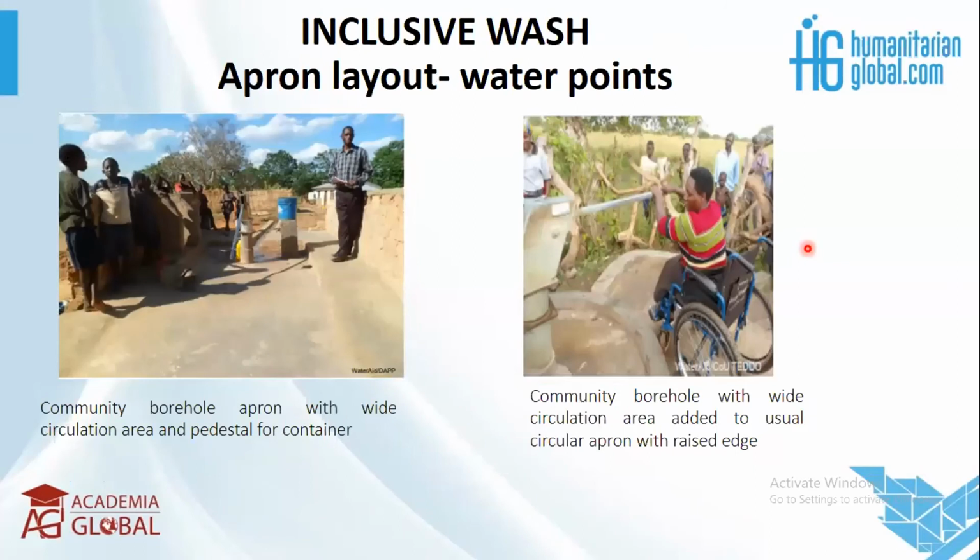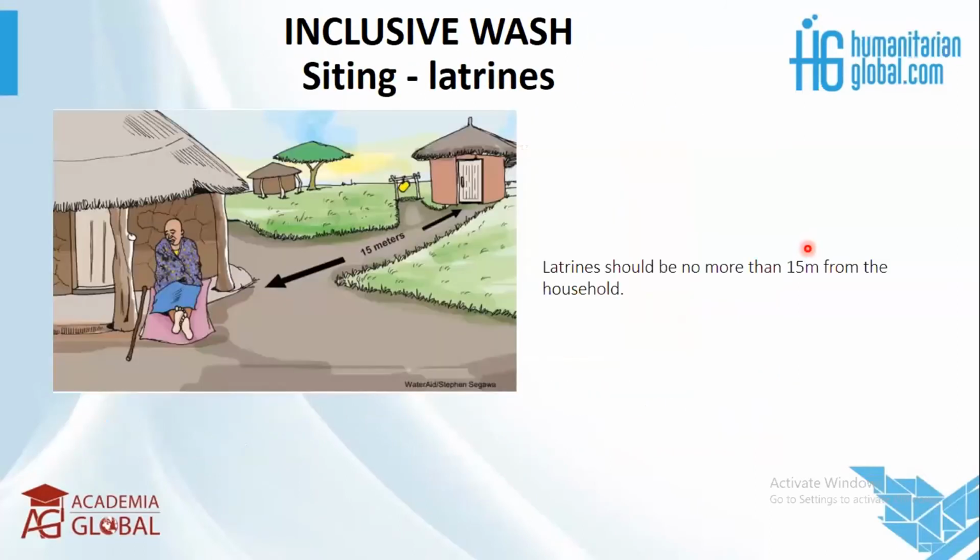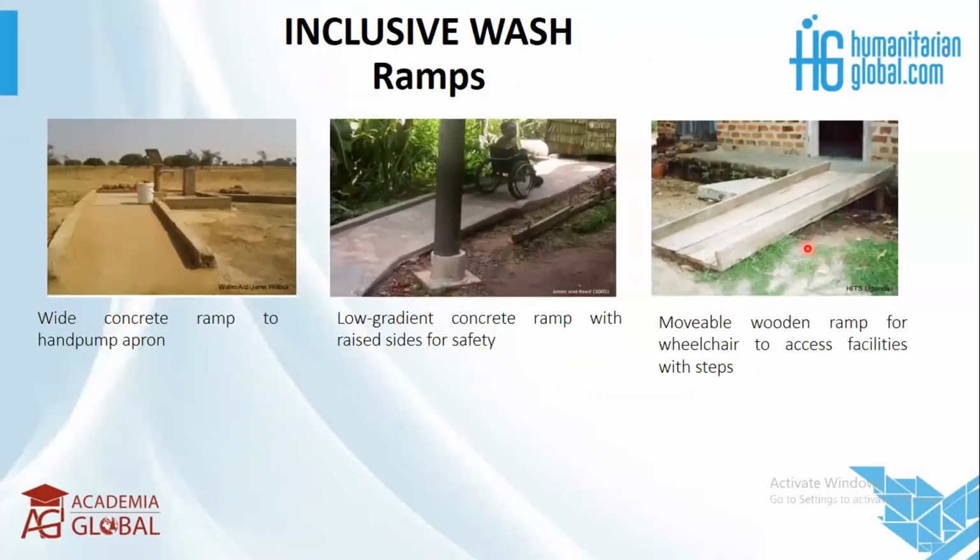So you see the movable wooden ramp, I can see it is a bit up. So it will be difficult for people with wheelchairs to move up there because it's not flat. Okay, I get you. Thank you so much.